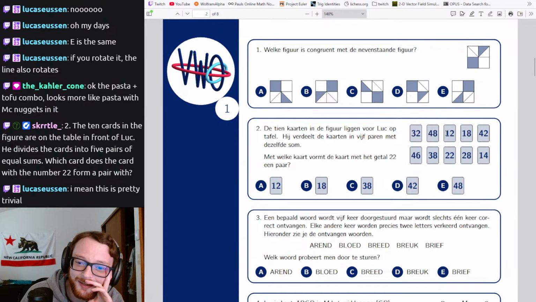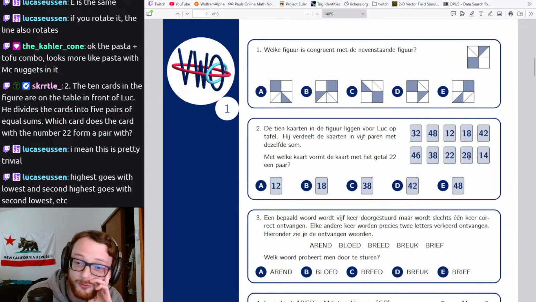Okay, what if 12 can't go with 38? So I said 12 can't go with 46, 12 can't go with 38. So 12 must go with 28? Does it? 46. Oh, wait. Never mind.